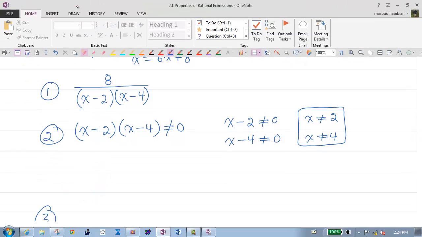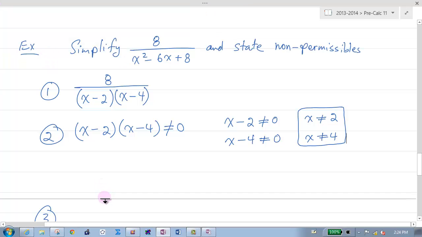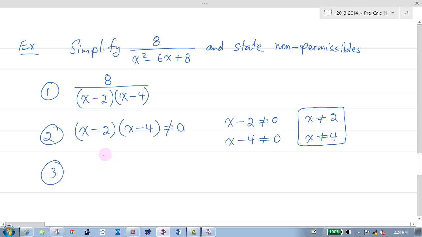Now, we want to simplify this expression. So we take the 8 over x squared minus 6x plus 8. You go, okay, can this be simplified any further?